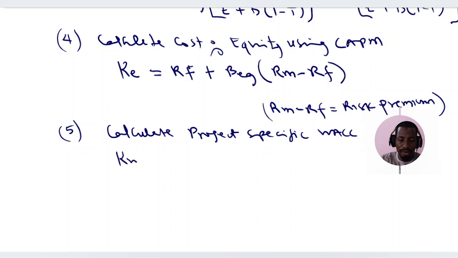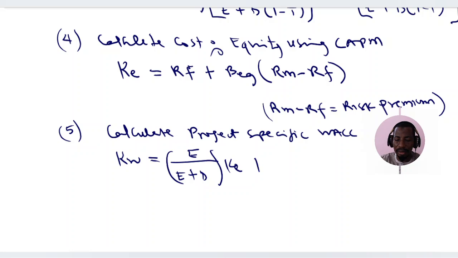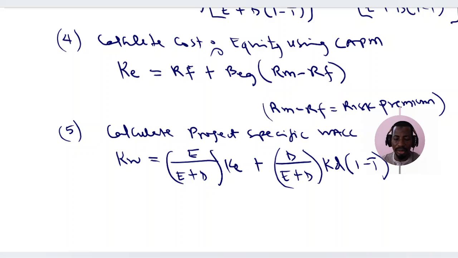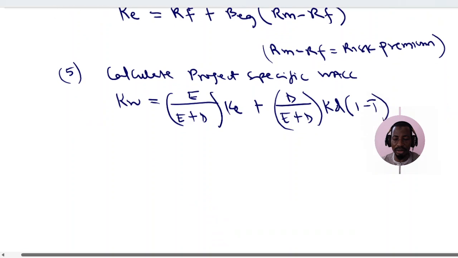So WACC is denoted as KW, which is equal to equity value over equity plus debt, multiplied by cost of equity, plus debt value over equity plus debt, multiplied by after tax cost of debt. It is assumed that the company is financed with both equity and debt, nothing like preference share. So that is how to calculate project specific cost of capital.